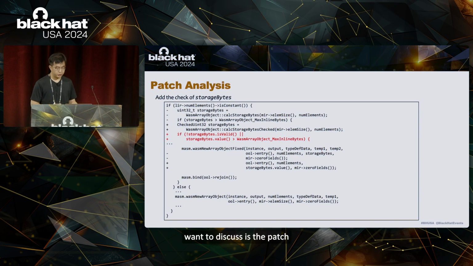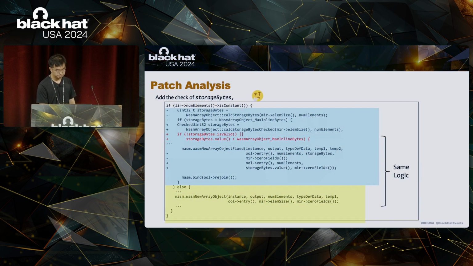Another thing I really want to discuss is the patch for the bug, which just adds a check to the value of the length. But please note that the original function of this part of the code is to avoid the allocation size being greater than the limit, right?